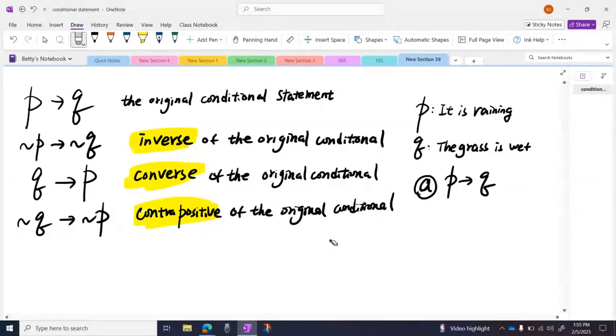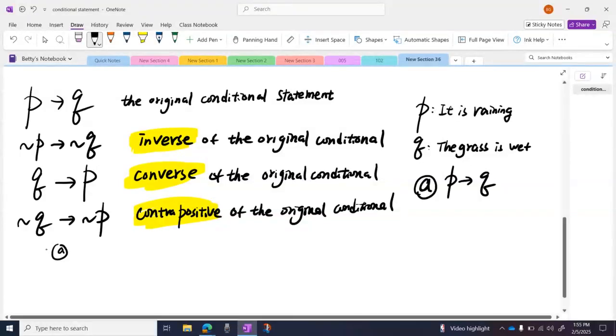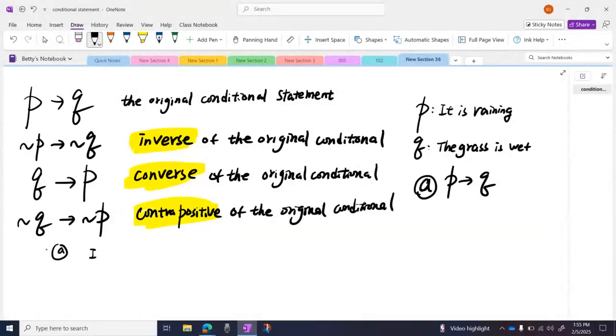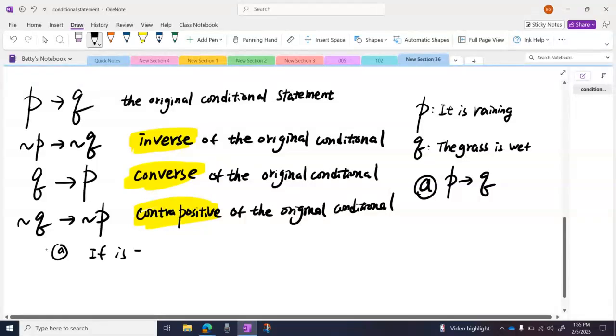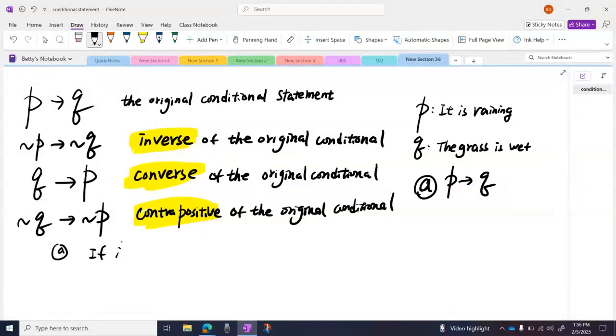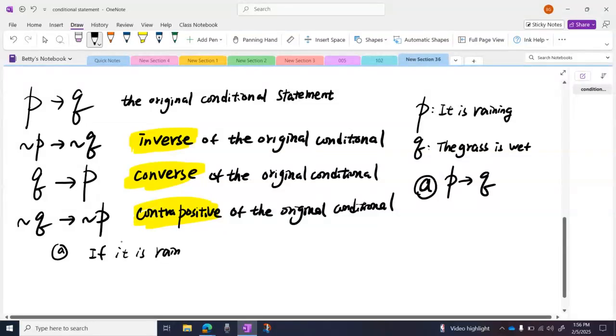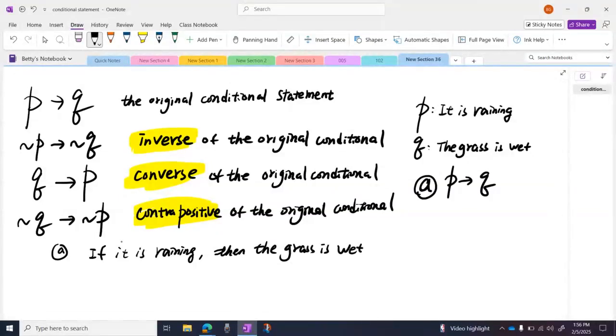Right, the first one, I'm going to write it as A. P implies Q. If it is raining, then the grass is wet. I think logically this conditional statement is true, is a fact, right? Of course, if it's raining, the grass will get wet. So that's the original statement.